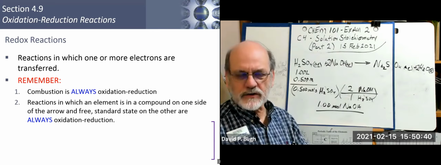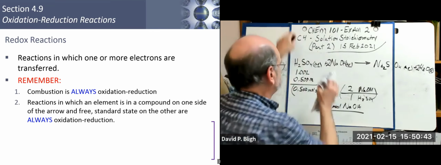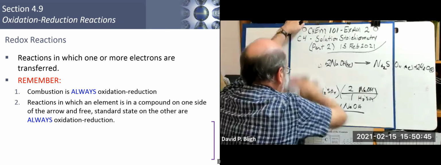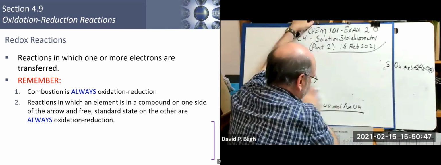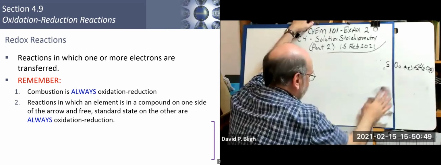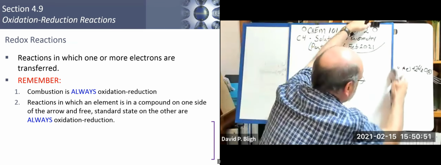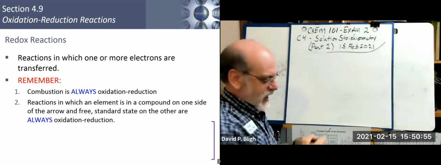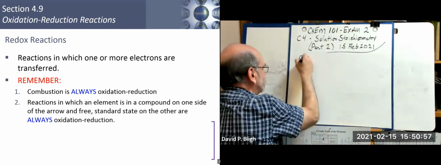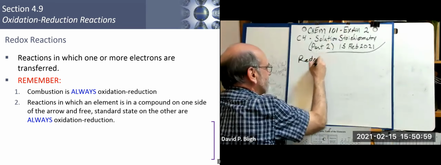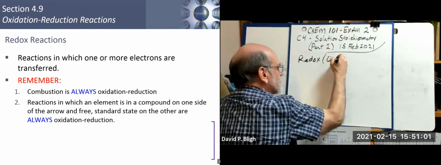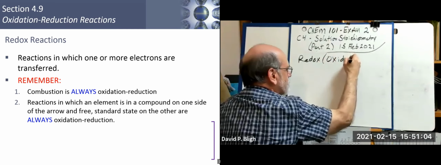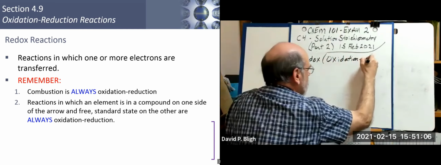Now let's switch gears to a different type of reaction. The redox reaction. That stands for oxidation reduction.